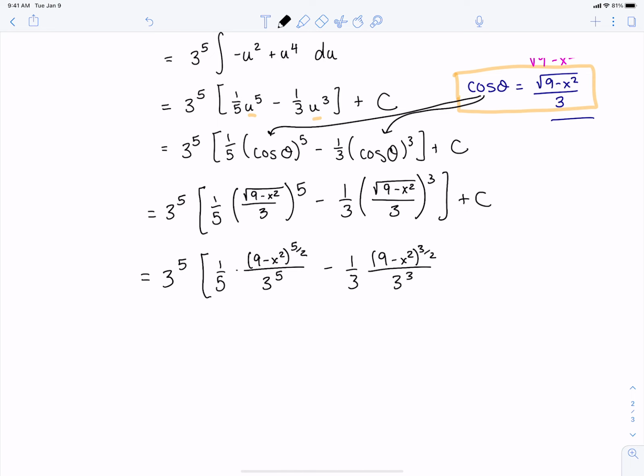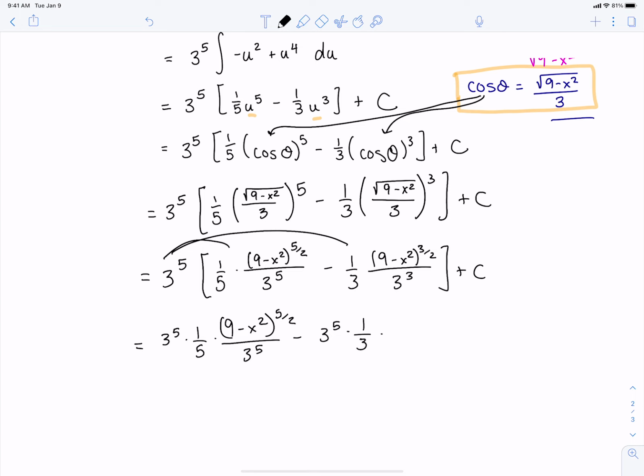Then we multiply that 3 to the 5th through, so we get 3 to the 5th times 1/5 times 9 minus x squared to the 5/2 over 3 to the 5th, minus 1/3 times 9 minus x squared to the 3/2 over 3 cubed, plus c. We're just writing this again to simplify things, and we'll see we get a fairly simple answer when we're done.